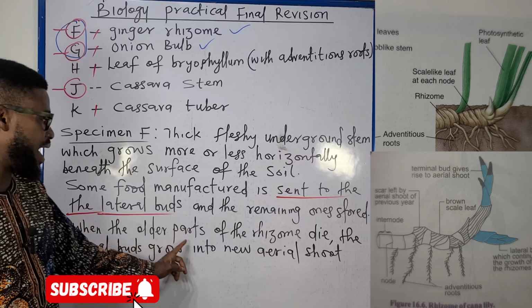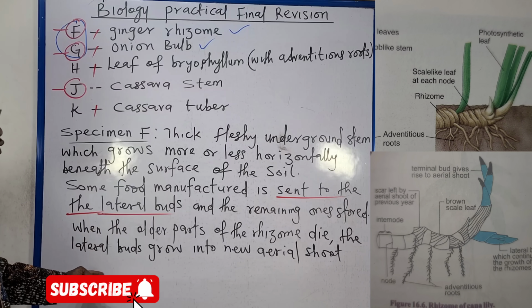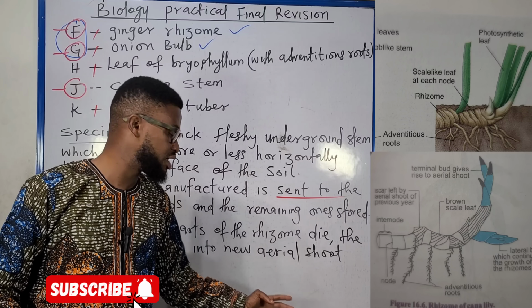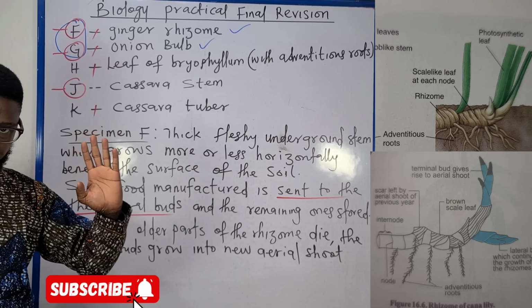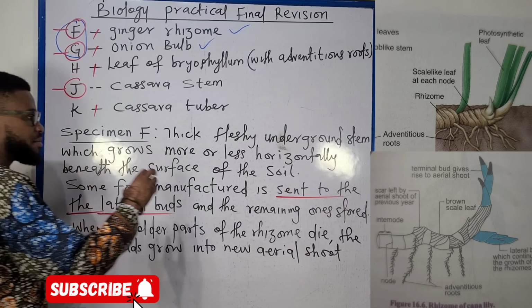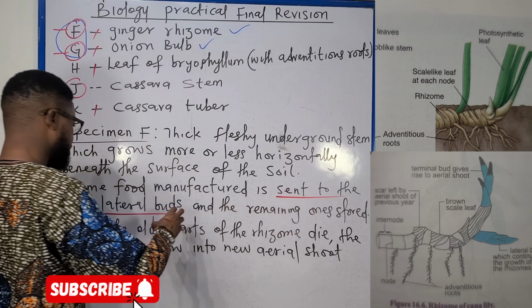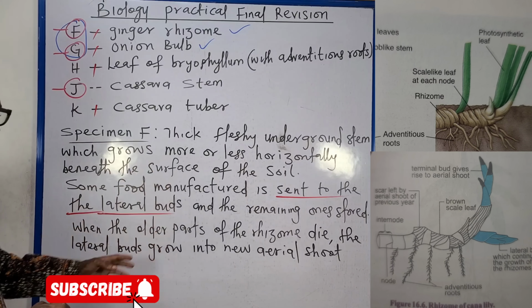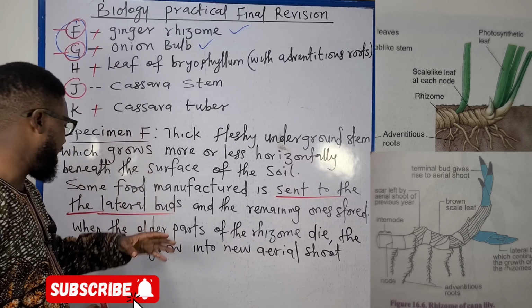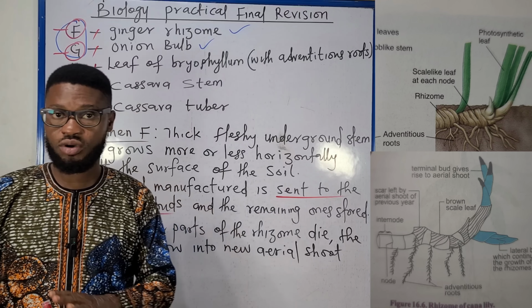When the older parts of the rhizome die, it is the lateral buds that will grow into a new aerial shoot. So it is like this. Out of the food manufactured, some of it is sent to the lateral buds, and the remaining is stored. When the older parts of the rhizome die, it is the lateral bud that will grow to form a new rhizome.